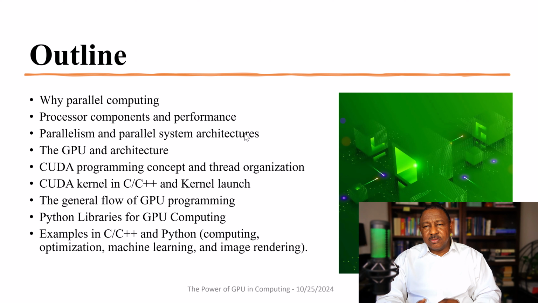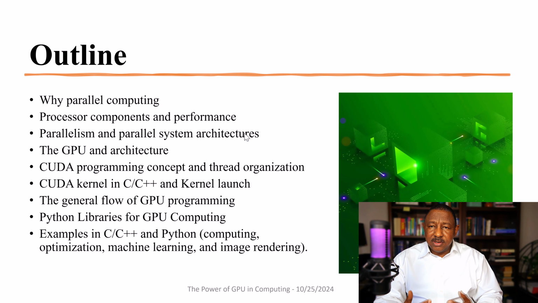After that, we'll talk about CUDA programming, because this is the framework, or the programming libraries, used to use GPU in parallel computing. And then we will talk about the general flow of GPU programming and how to use Python libraries, because most of the time we're using CUDA with C++ or Fortran.